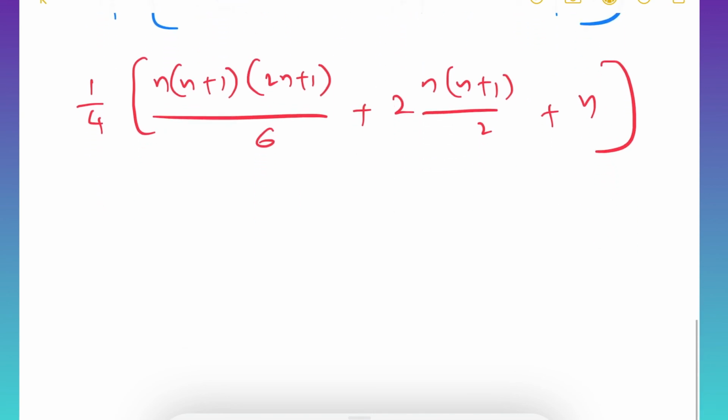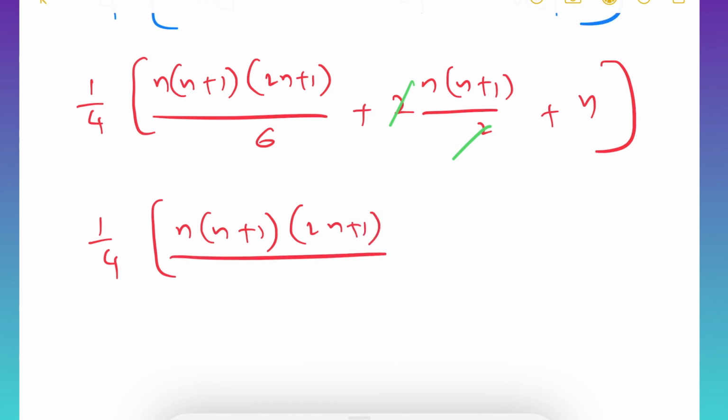Now if you observe here, 2 we can cancel. So then I continue: 1 by 4 into n into (n plus 1) into (2n plus 1) whole divided by 6, plus n into (n plus 1), plus n.